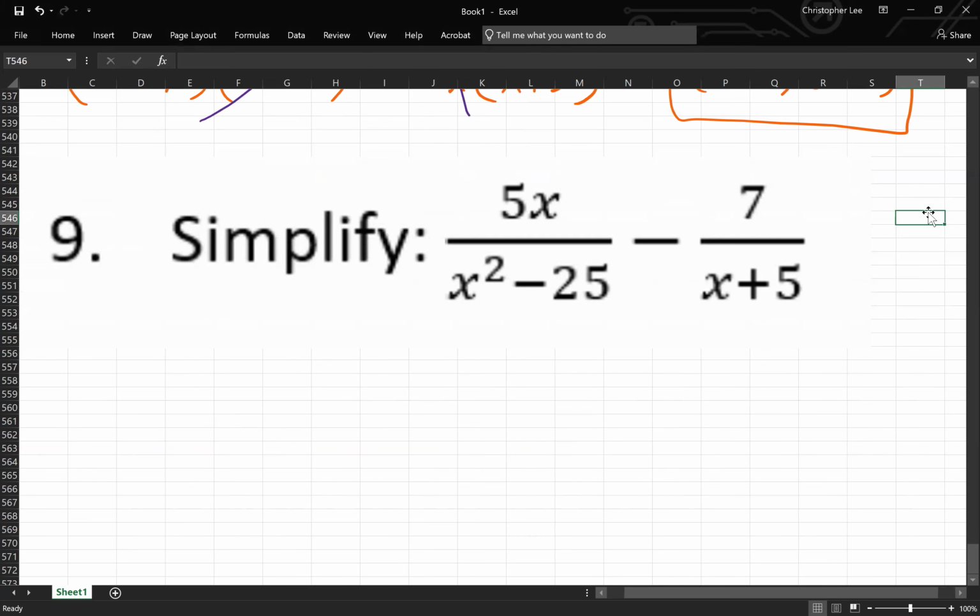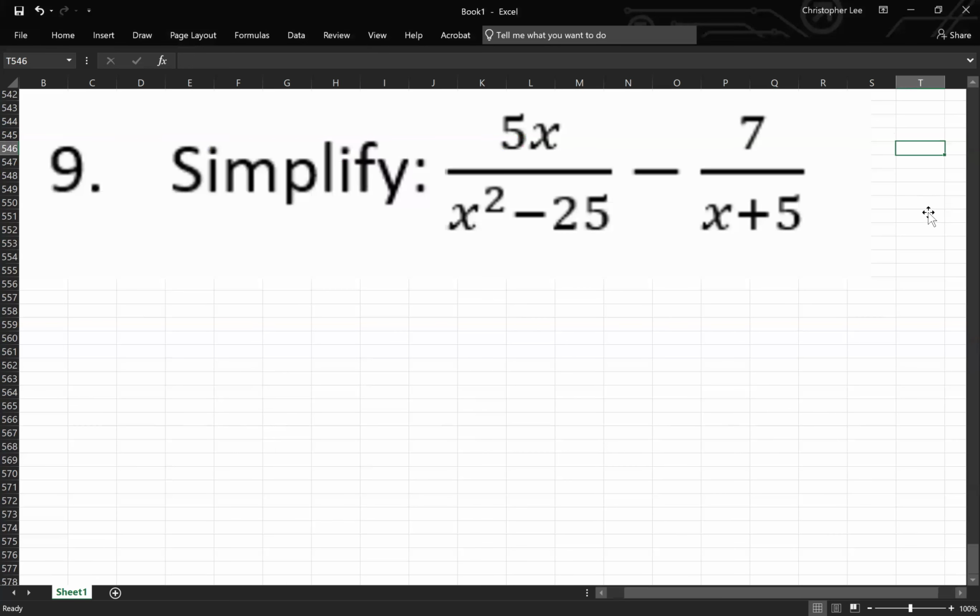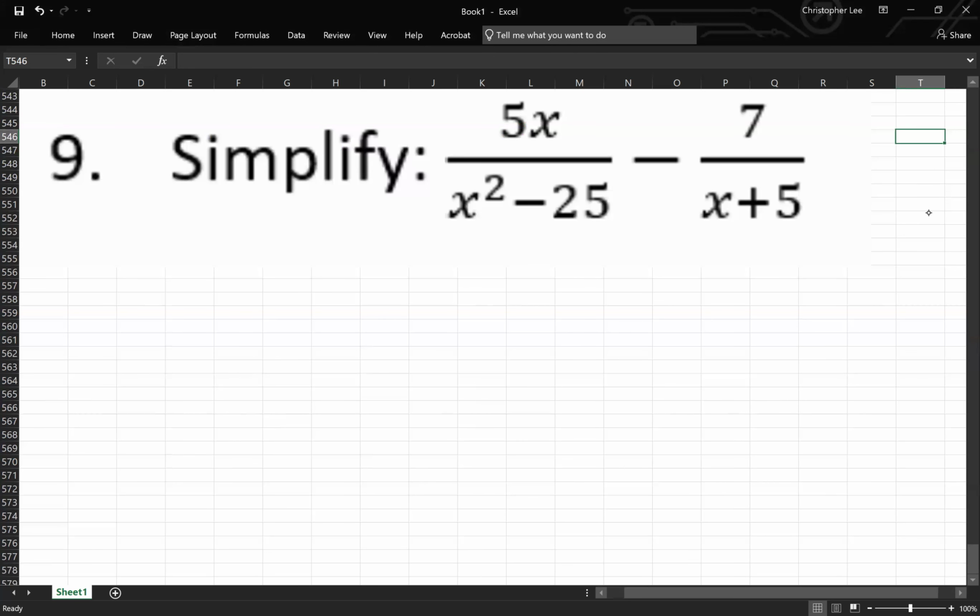Not too bad. I got 5x over x squared minus 25 minus 7 over x plus 5, right? What do I need in order to subtract, right? How do I subtract two fractions? What do I need to do? I have to find the starts with an L. LCD, right?